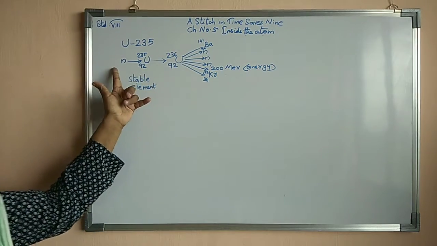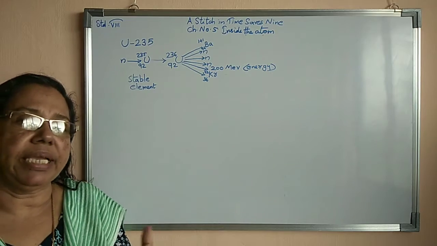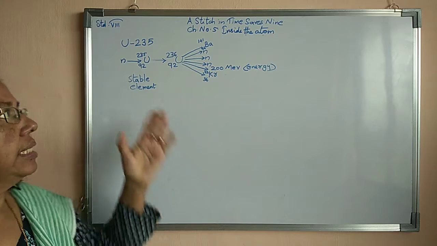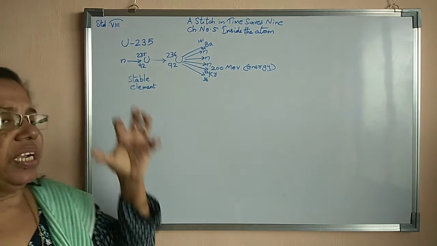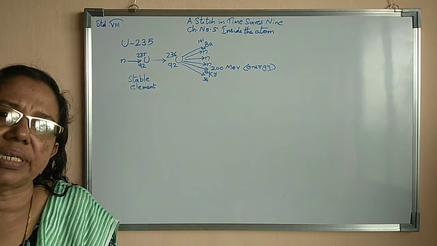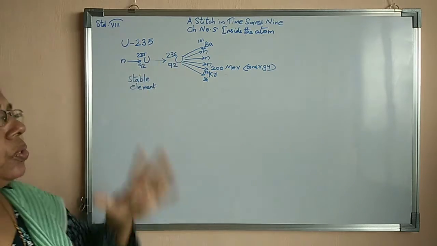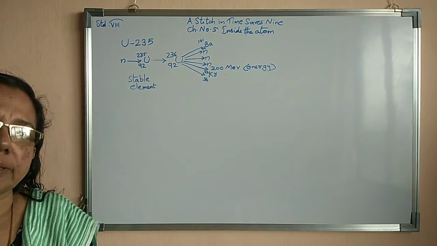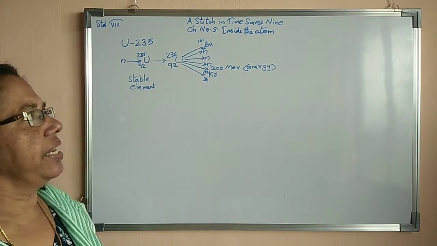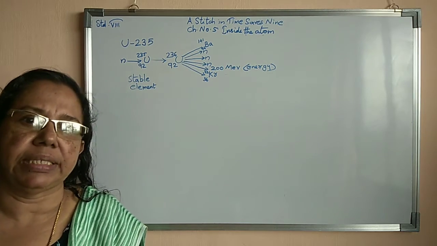So what is happening here? For making uranium-235 to 236, they are allowing a neutron to hit the uranium-235 isotope. As a result, it transforms to uranium-236. Along with that, 3 neutrons, 1 barium atom, and 1 krypton atom are formed.